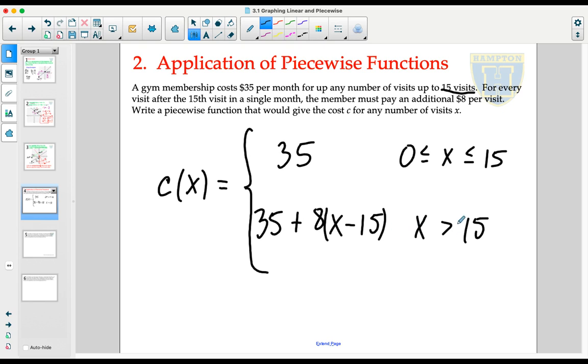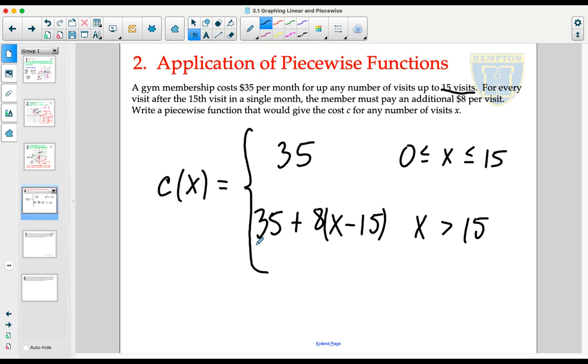Now, if I was to put 16, 17, 18 visits into this part of the piecewise, sure, I'm still going to pay the $35, but I'm also only going to be paying that extra $8 for those visits above the 15th. I have no obligation to pay that $8 before the 15th visit.